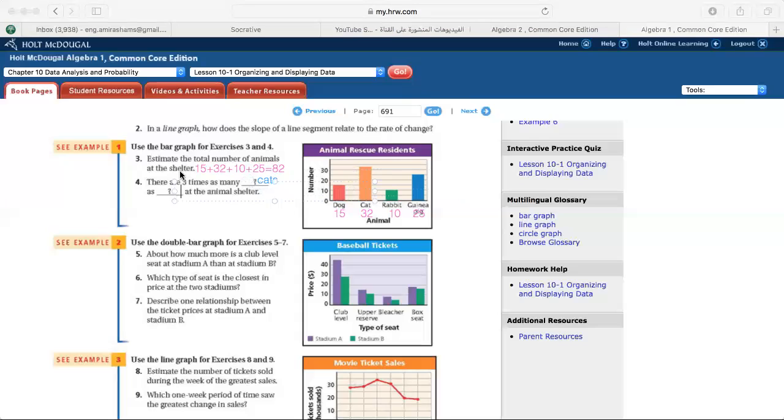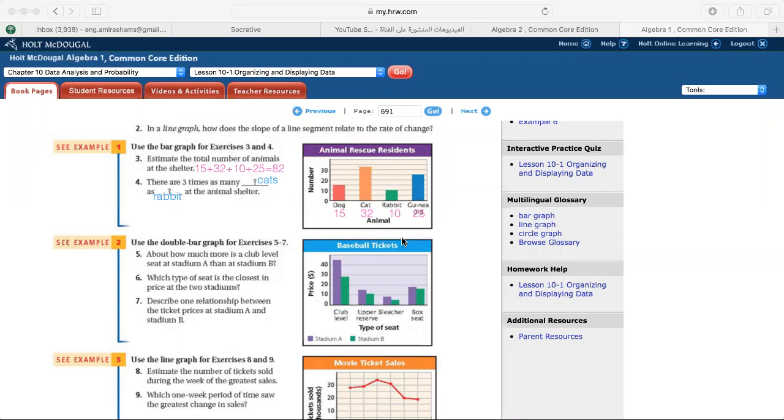And here my answer will be rabbits. So the cats are 3 times as many as the rabbits because the cats are 32 and the rabbits are 10.